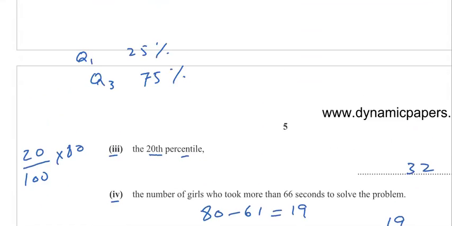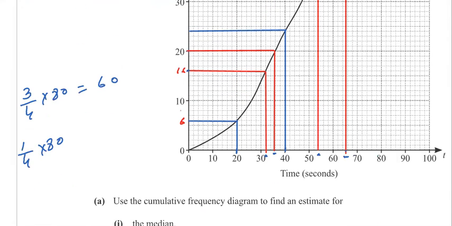But sorry, it will not be 10 because the first one is as it is, and then for the remaining we count between them. So it means this is going to be, sorry, 16.